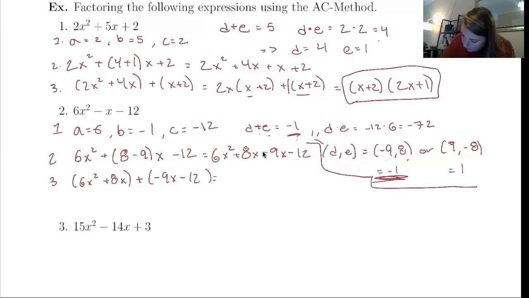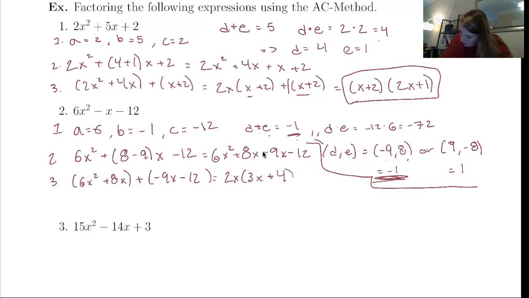Okay, cool. So that first group, 6x squared plus 8x. Each of them are divisible by 2. That's it. And then x, right? And then we'll be left with 3x plus 4.